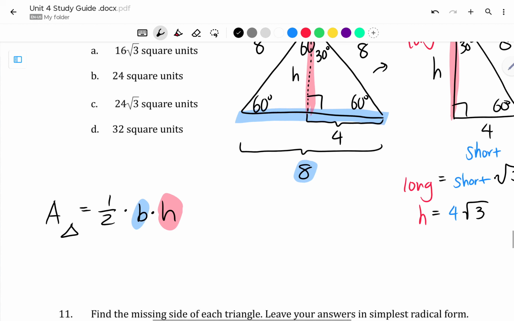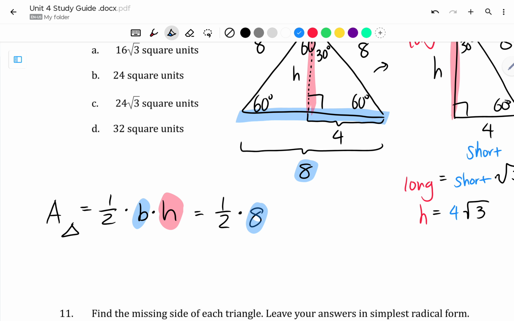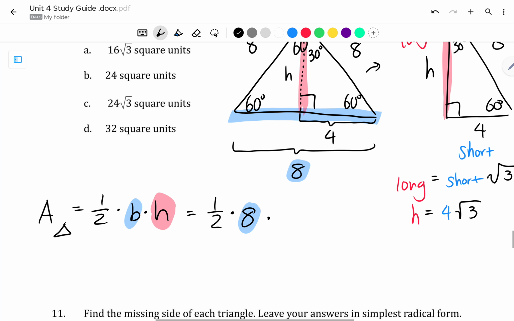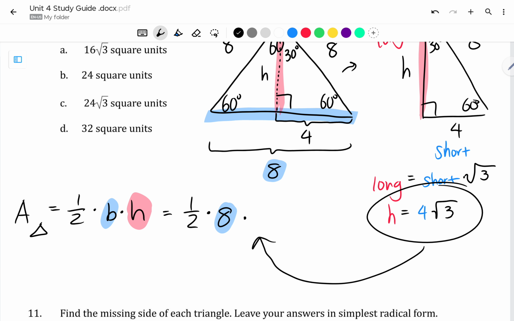So I think we have everything we need for the area. 1/2 times 8 is the base, and then times the height, which is 4 square root 3, right?